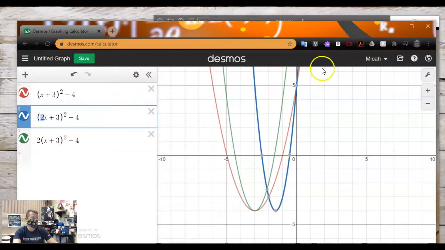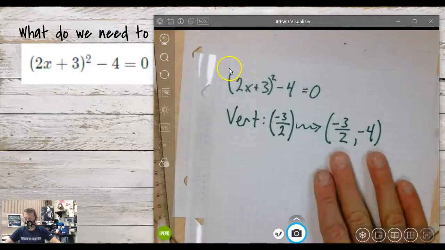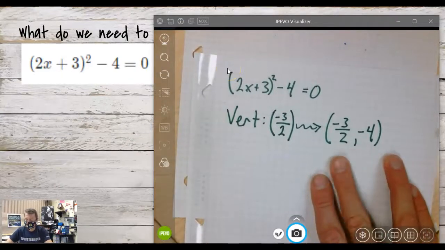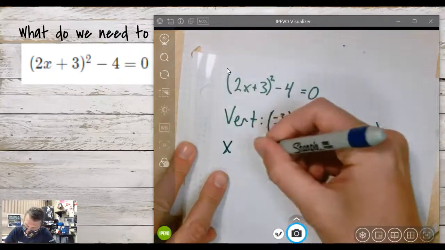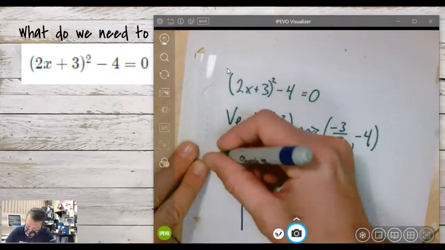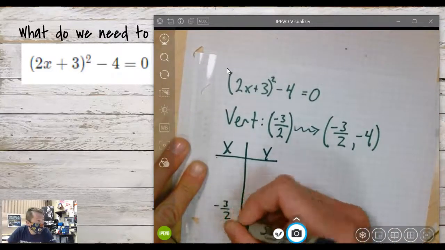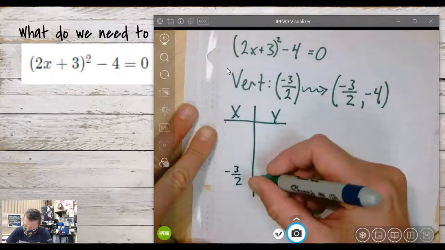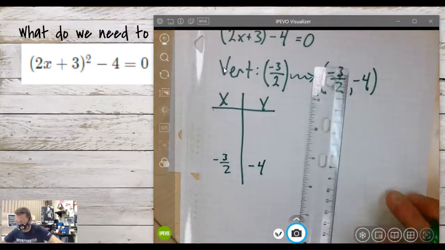So that's why normally it doesn't matter, because normally it's just 1. So be careful. Vertex here would be -3/2, -4. Then we'd work it like the other ones. So let's set up an XY table, but this time, to get in a better habit, let's put -3/2 in the middle of the table. Now we got to graph this.